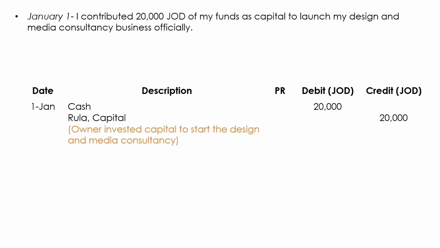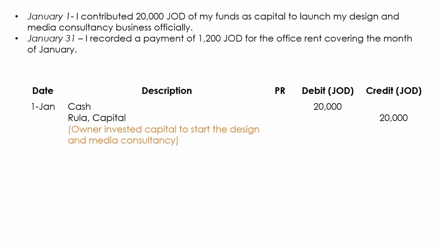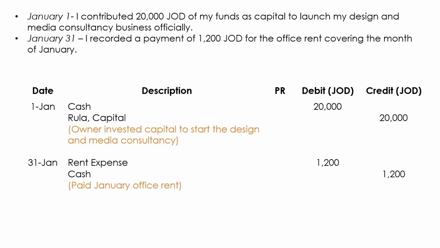This reflects my investment in the company. At the end of the month, I paid 1,200 dinars for our office rent. Since this is an expense related to the operations of the business, I debited rent expense and credited cash.